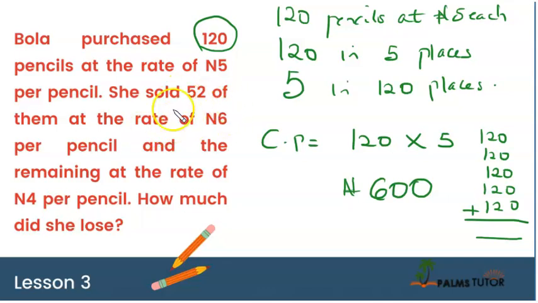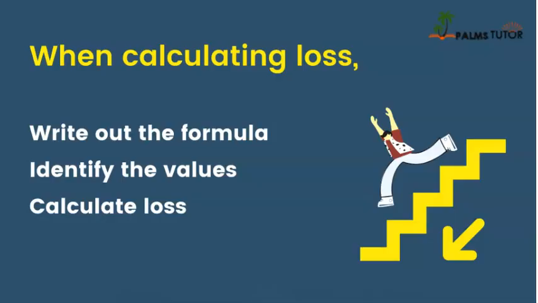Now, we'll move forward. She sold 52 of them at the rate of 6 naira. How many of the pencils? 52 at 6 naira. So let's see, how much would that be? How much is she making from that?